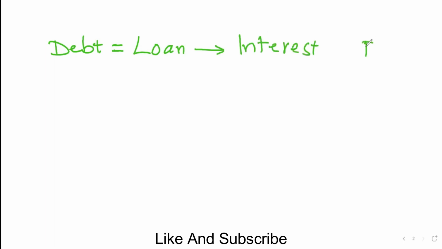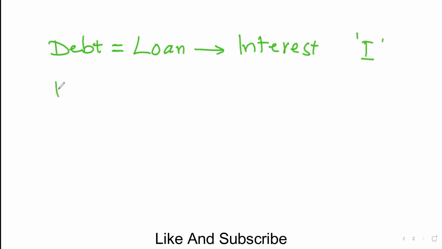KD, so debt. Debt means what? Tell me the answer. Loan. Wonderful. Debt means loan. What does the one who gives the loan expect? Interest. The symbol is I. I means interest.